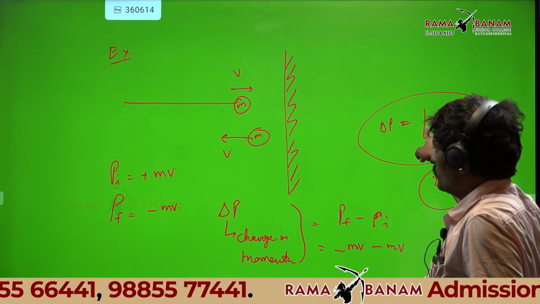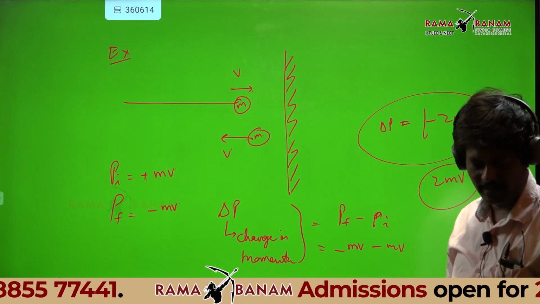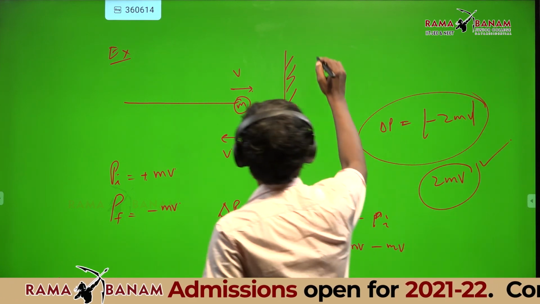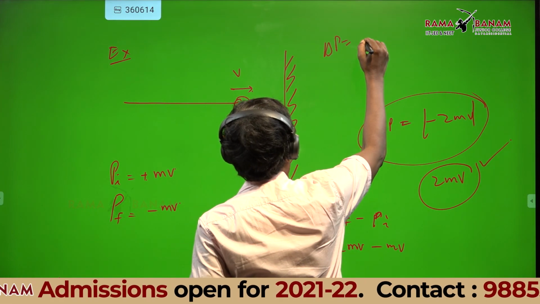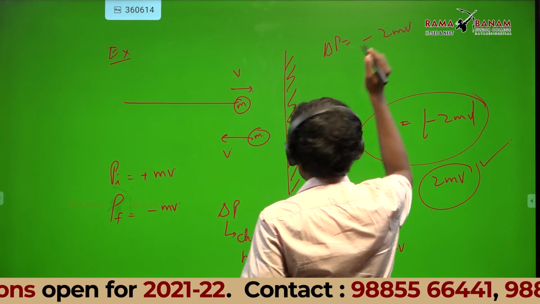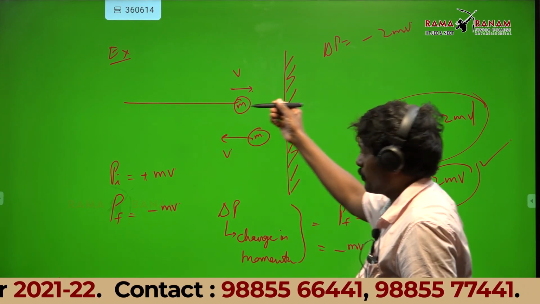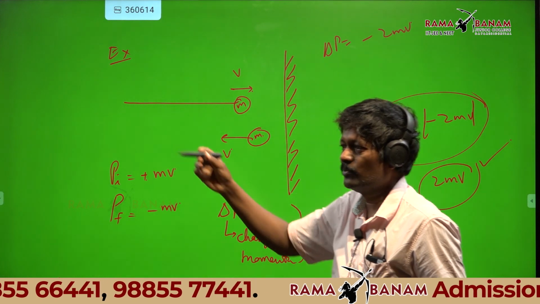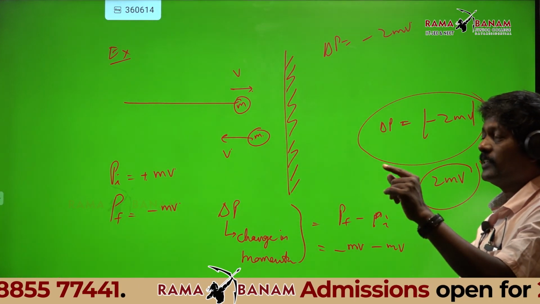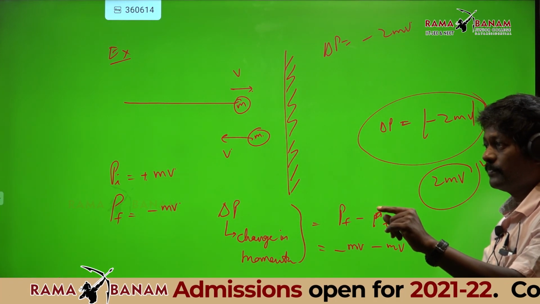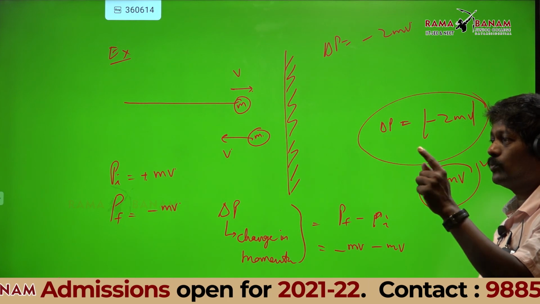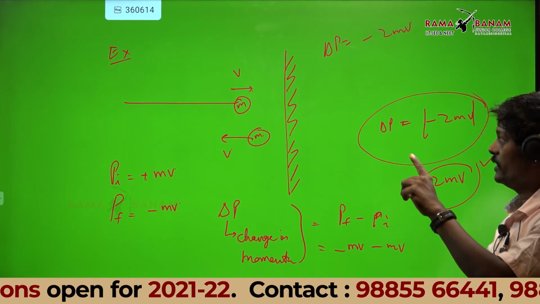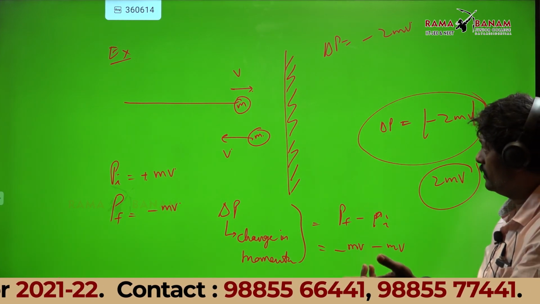Sir, why minus sign? Listen, actually the change in momentum is minus 2 mv. Right side is positive, I took. Left side is negative. That means in the options that they will give, change in momentum is 2 mv right side, change in momentum is 2 mv left side.